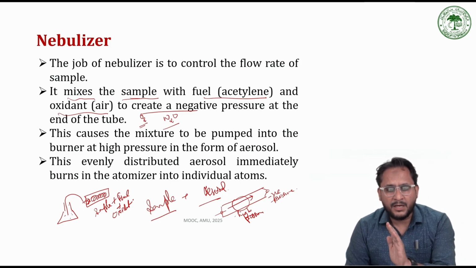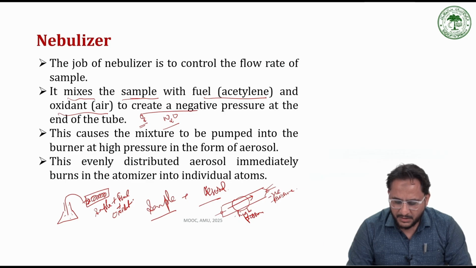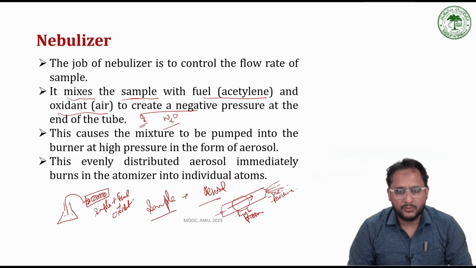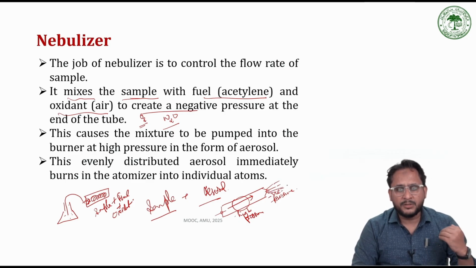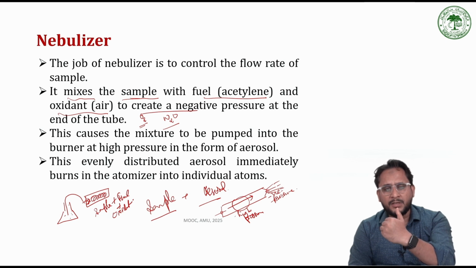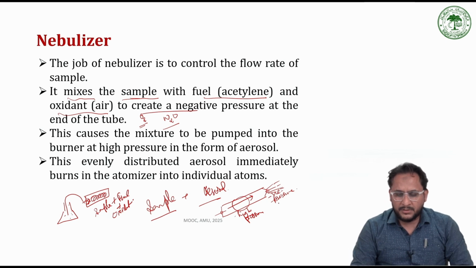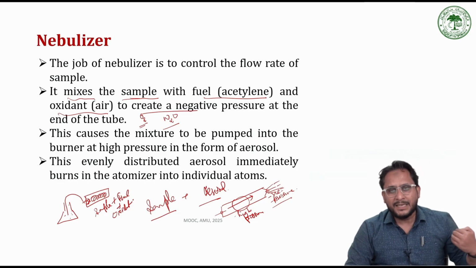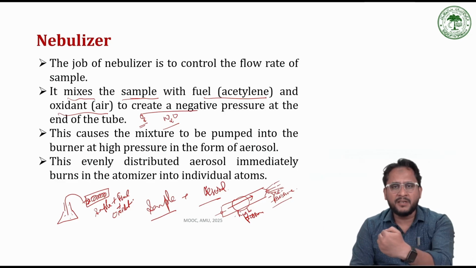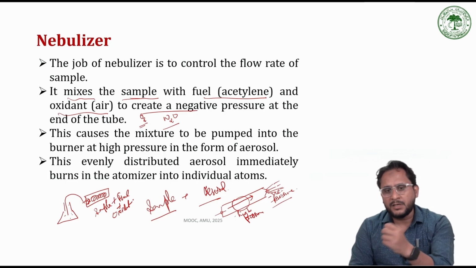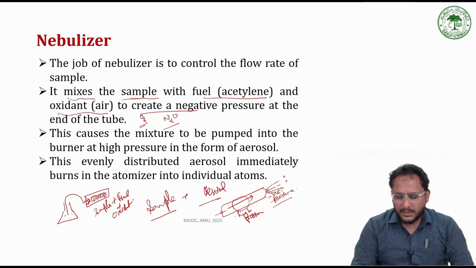with very high force, and the sample is immediately converted into an aerosol, because high pressure always pushes the sample towards the low pressure, and outside this orifice we do not have a low pressure but we have a negative pressure. That means it is pushed at very high force, and it is immediately converted into small droplets of the sample, in small droplets along with fuel and oxygen, which can be easily burnt and atomized.